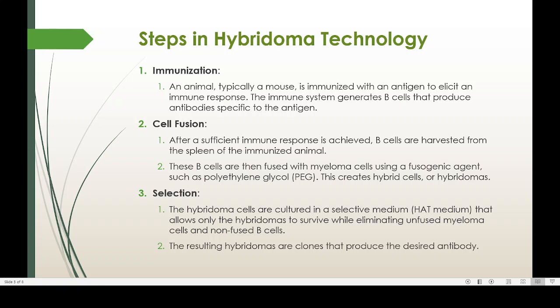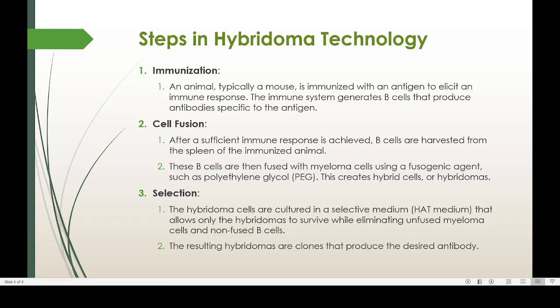The next step is cell fusion. After a sufficient immune response is achieved, B cells from that rat will be collected from the spleen of the animal, by killing it. Then these B cells are fused with the myeloma cell using a fusogenic agent such as polyethylene glycol. Here you might have seen that they have shown this material, polyethylene glycol.